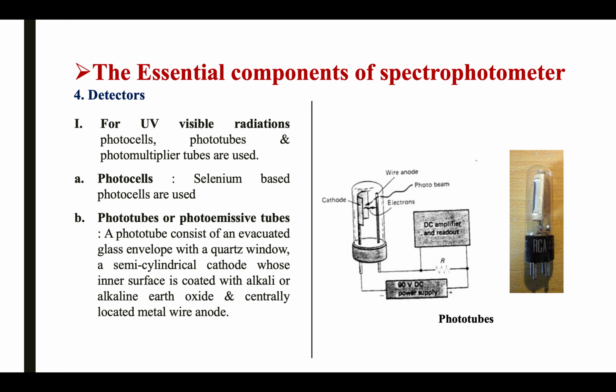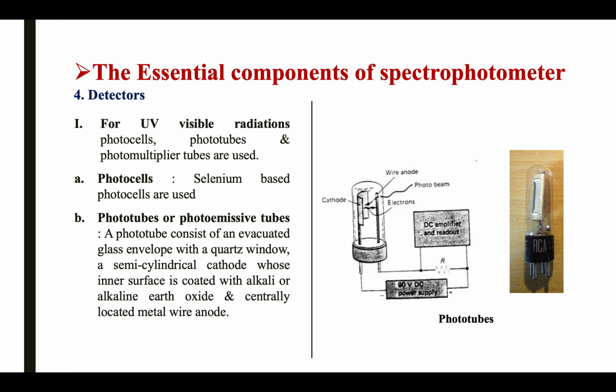In contrast, however, amplification is easily accomplished because the phototube has a high electrical resistance. The number of electrons ejected from the photoemissive surface is directly proportional to the radiant power of the beam that strikes that surface.